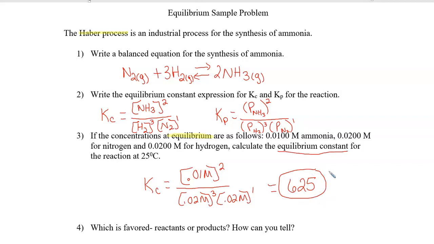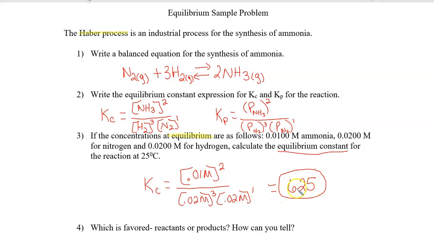So this number tells me something about this reaction. It tells me what's favored in this reaction when I put all these things together, what's being favored to get made. Not what's there at equilibrium, but what's getting favored to be made.